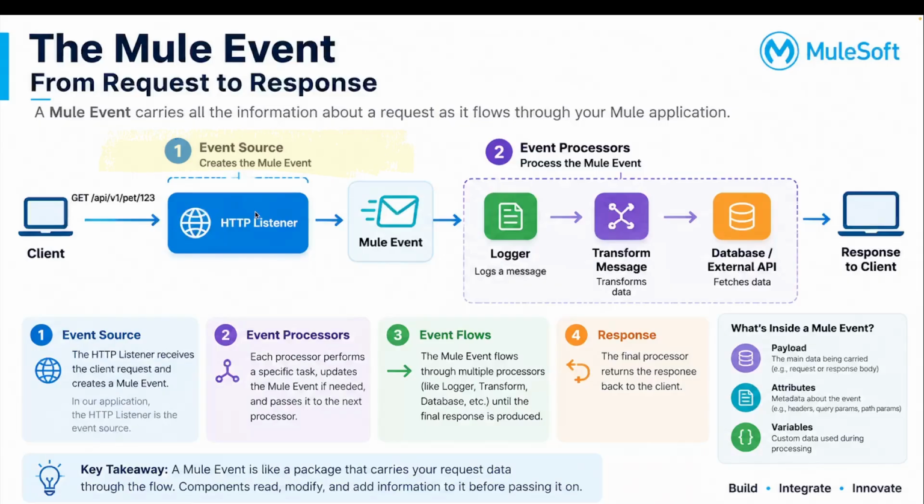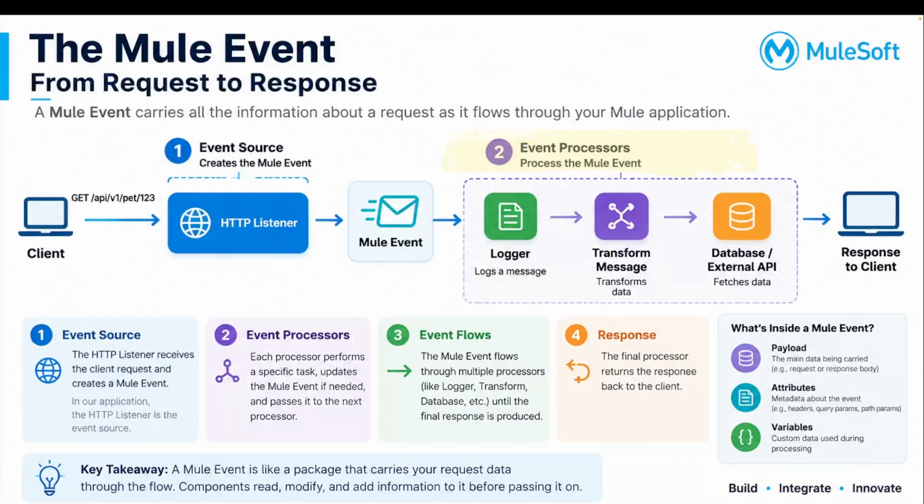When a client sends an HTTP request, the HTTP listener receives it and creates the Mule event. This event contains everything MuleSoft needs to process the request. For example, if we invoke this endpoint pet123, the HTTP listener creates a Mule event that includes the request details, basically the request headers and a request payload.